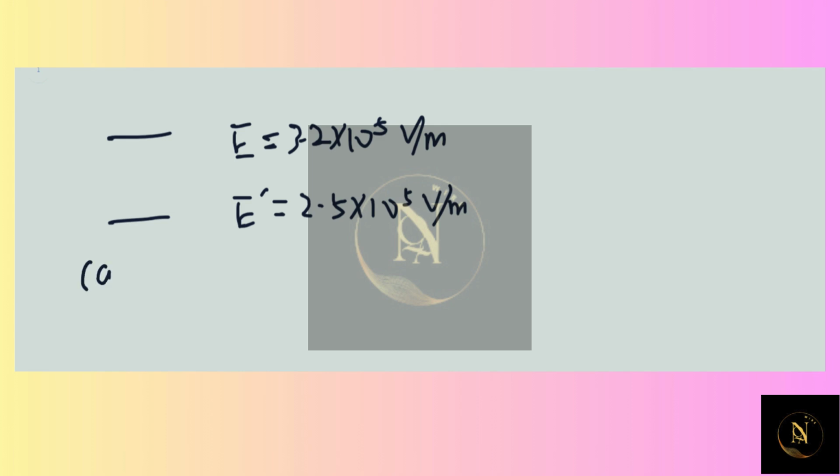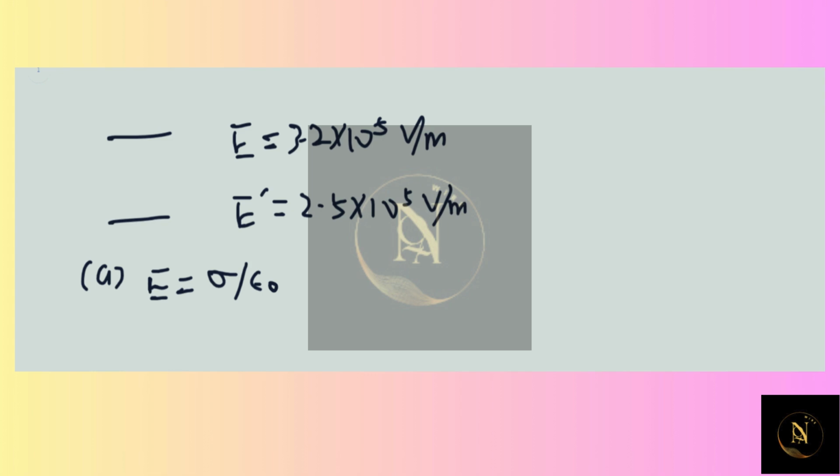So in part A, we want to find out the charge density on the dielectric. For the capacitor, if it is filled with air, we have the expression inside the material in between two plates, E equals sigma over epsilon naught, where sigma is the charge density on the plate.